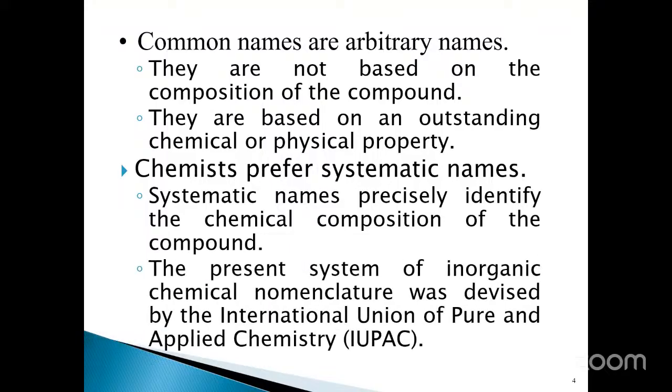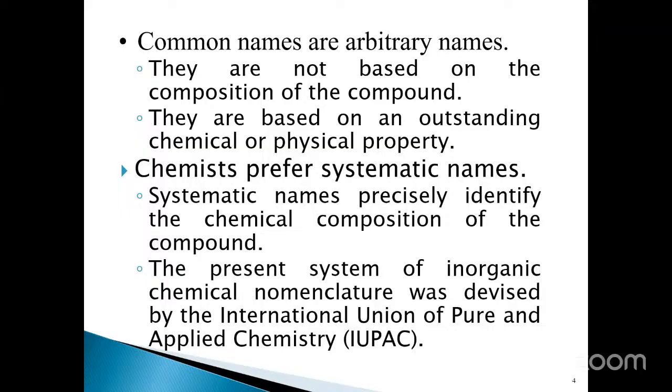There's an organization known as the International Union of Pure and Applied Chemists. There's a division within that organization that meets, if I remember correctly, every 2 years or 3 years. I don't remember exactly.